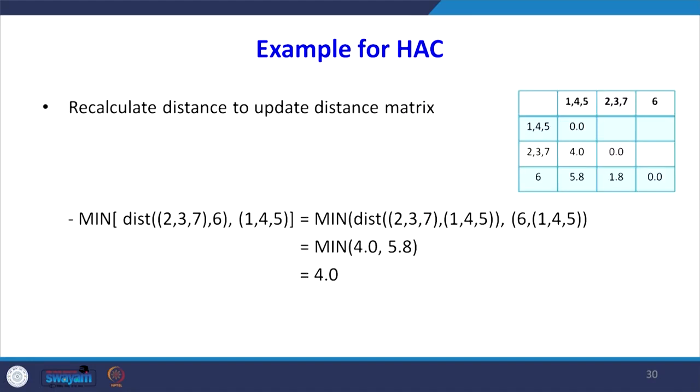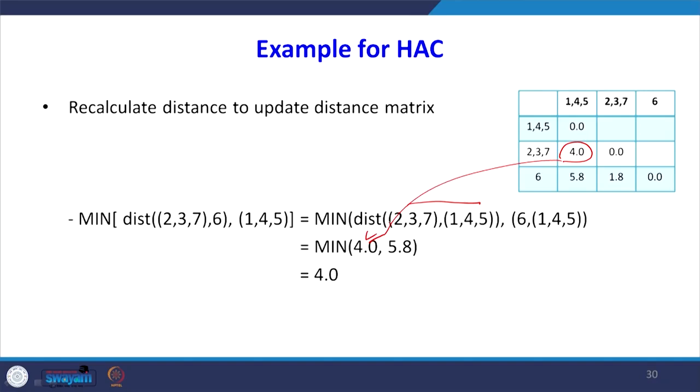Now, recalculate the distance to update the distance matrix. So, the distance between 2, 3, 7, 6 versus 1, 4, 5. So, what you have to do, the distance is 2, 3, 7 versus 1, 4, 5, you have to find out this distance. The minimum distance, that one we brought here.